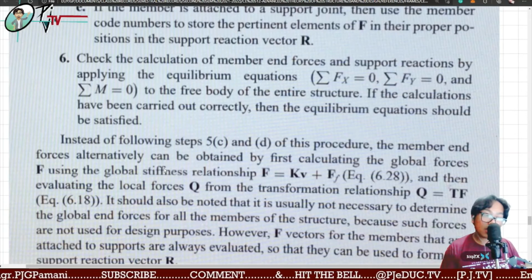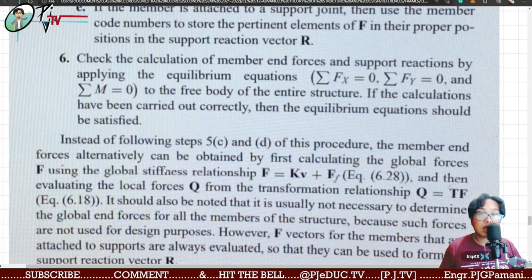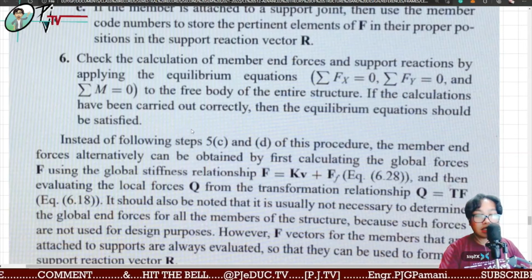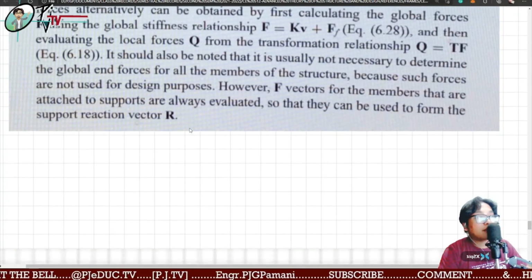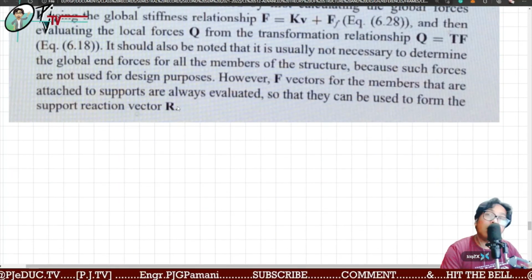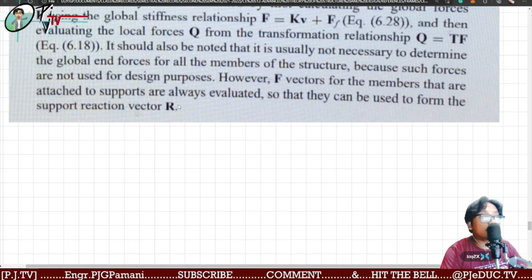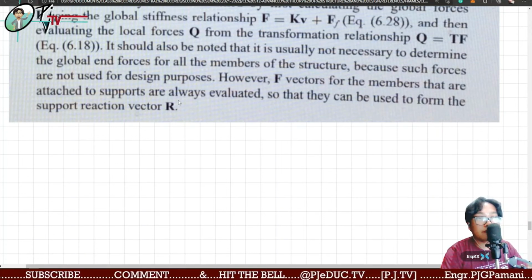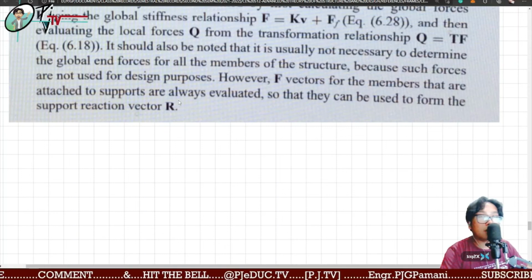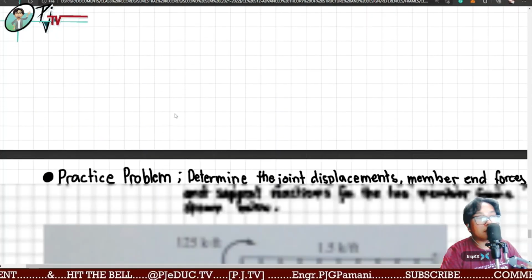Compare that with the calculation from your structure matrix for the support reactions. After doing so, that's it. You are now ready to solve. If you're familiar with the procedure, you will now be ready to solve frames using the matrix stiffness method.